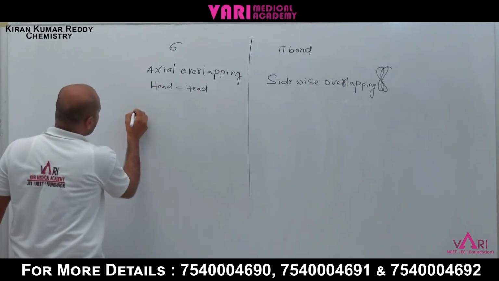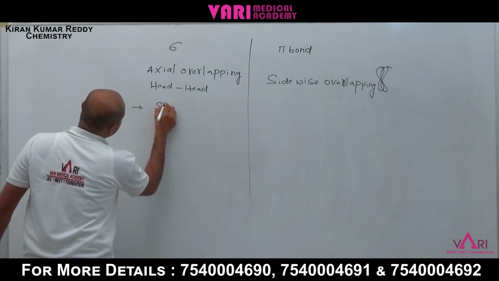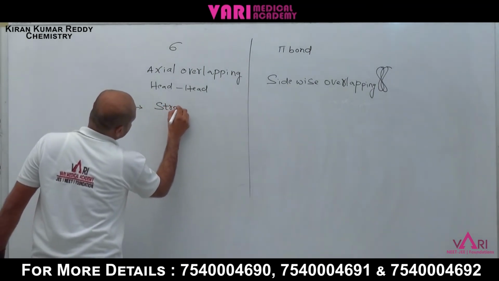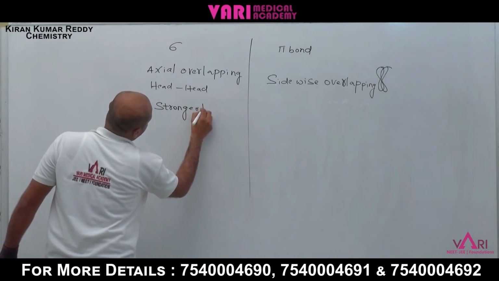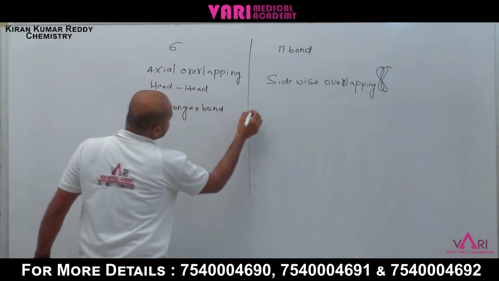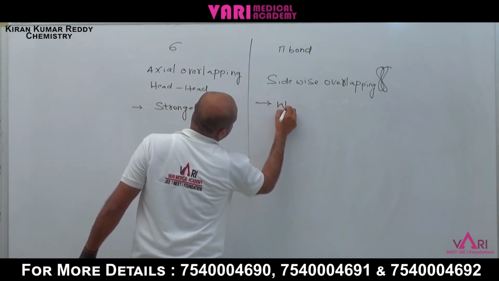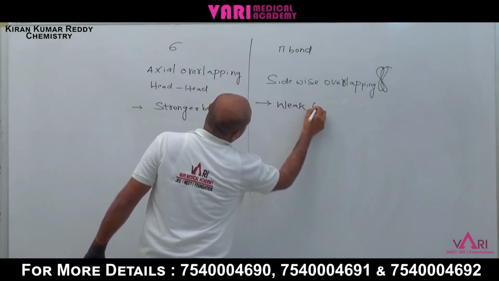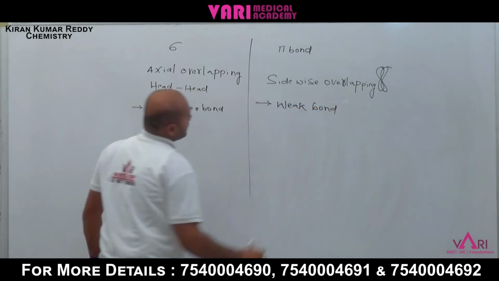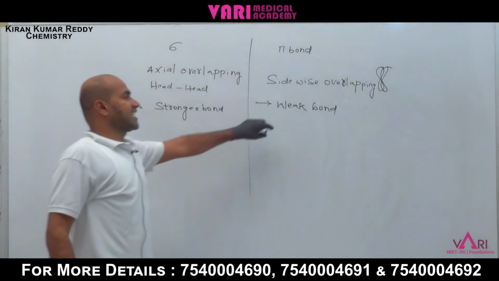Next, which one is the stronger bond? Sigma bond is the stronger bond and pi bond is the weaker bond. Why weak bond? Less extent of overlapping.